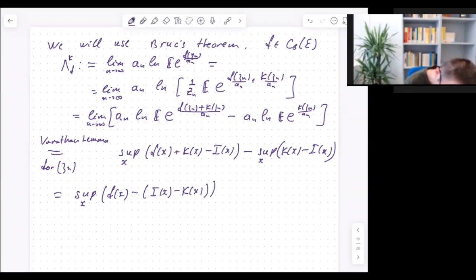I just put the minus in the brackets here, and then you have minus the supremum, but here I want to write it as plus the infimum over x of I of x minus k of x.